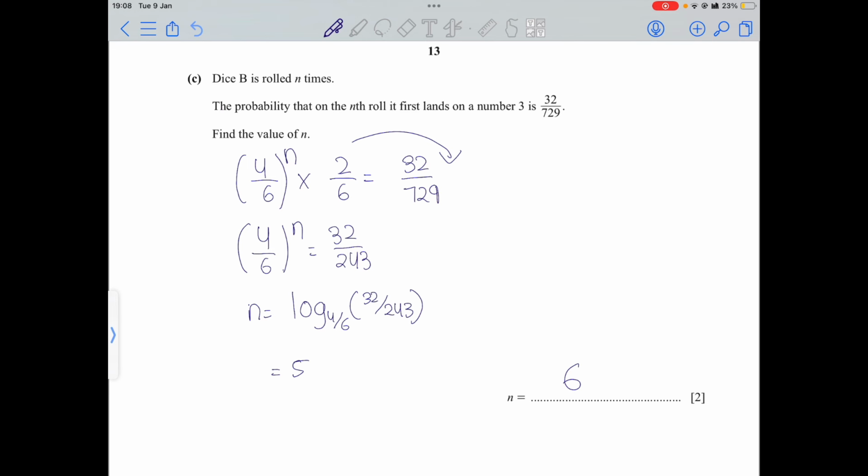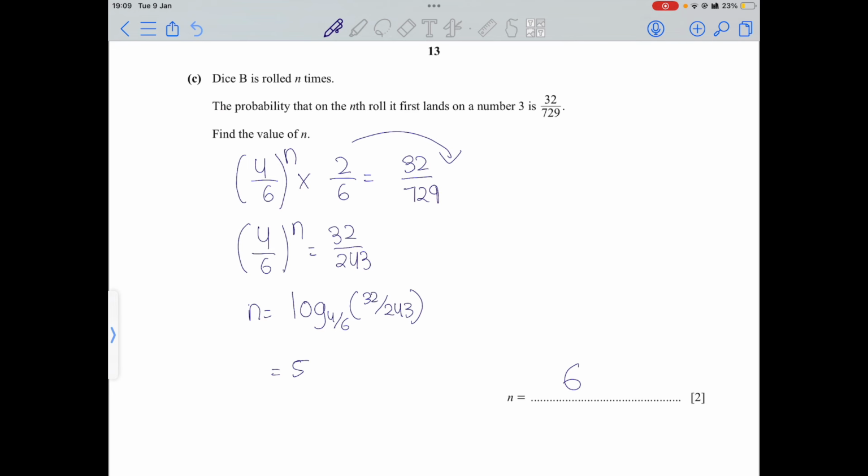Now you can check it out. Basically 4 by 6 raised to 5, because the last one gets an additional 2 by 6, gives 32 over 729. You can also do 4 by 6 multiplied five times, then into 2 by 6, just for checking whether your answer is actually correct.